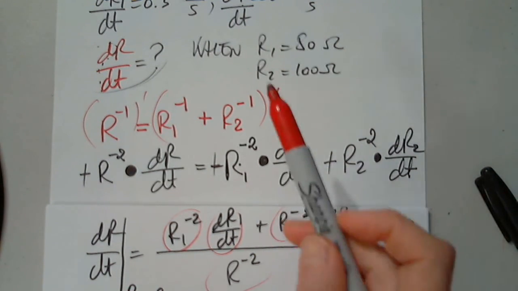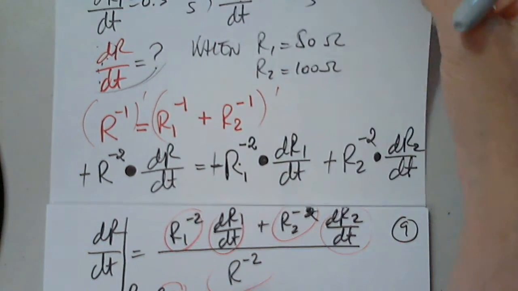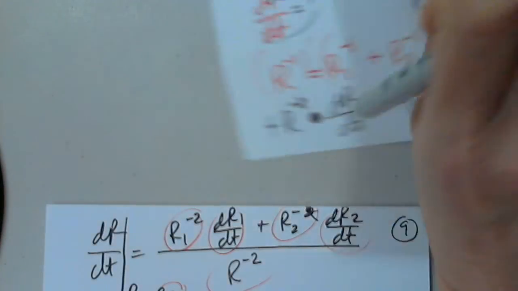Not a big deal, from the equation, 1 over R equals 1 over 80 plus 1 over 100. I have to solve for R for this instant, when R1 is 80 and R2 is 100. Why? I have all these, but I don't have this for this instant. So I have to find the R first.